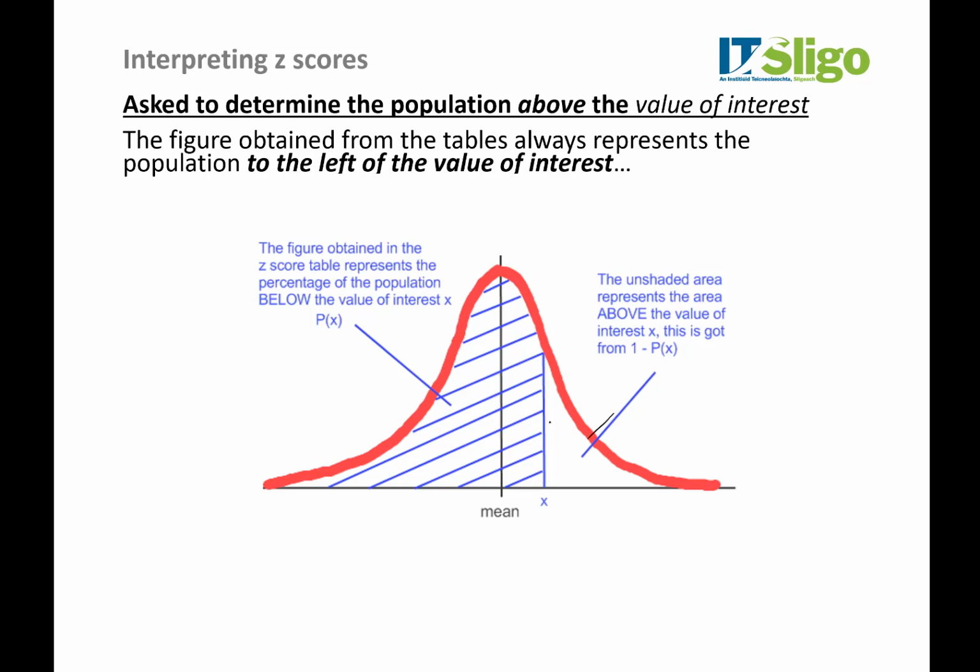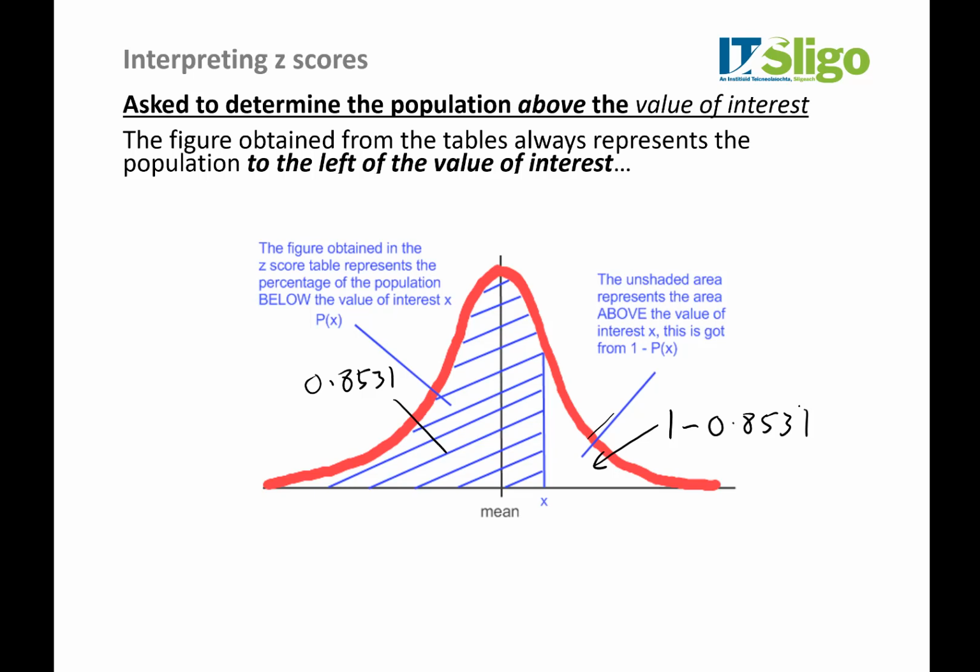And how we get this, guys, is very simple. Say this figure here was 0.8531. Remember, the total area under the curve is 1, so the unshaded area is simply 1 minus 0.8531. And we can work that out then.